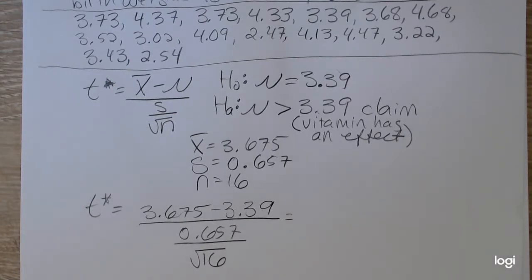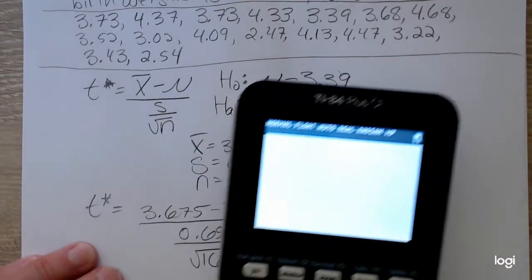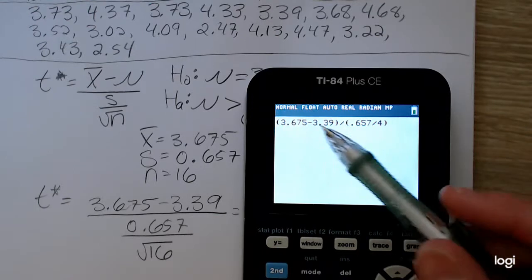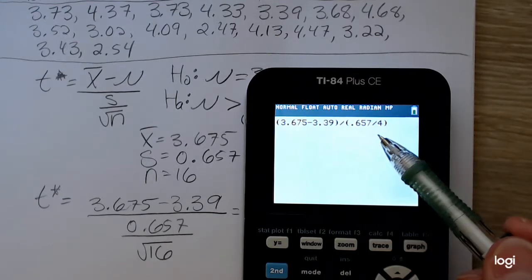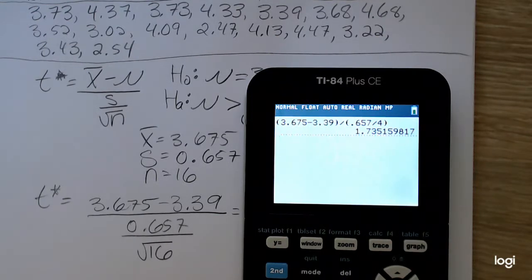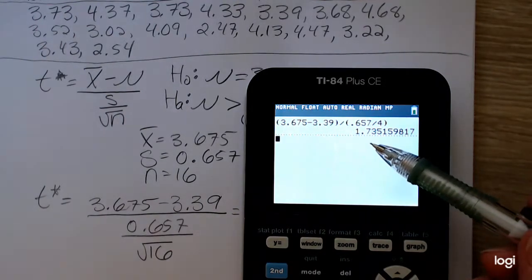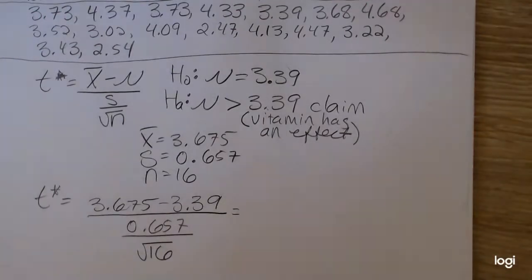To get this into the calculator, I'm going to put parentheses around the numerator expression and the denominator expression. Square root of 16 is 4. Double check that I inputted this correctly. My standardized test statistic is about 1.735.